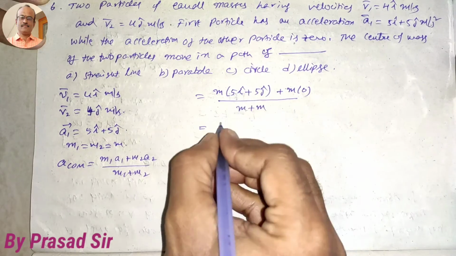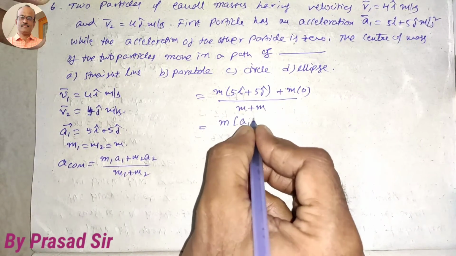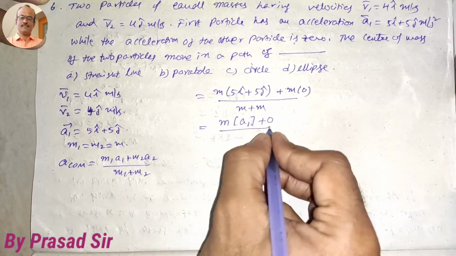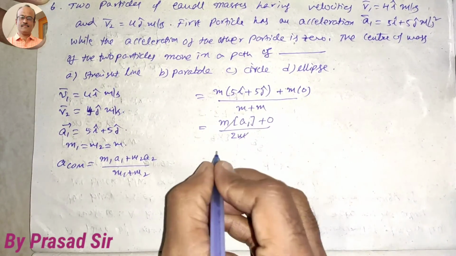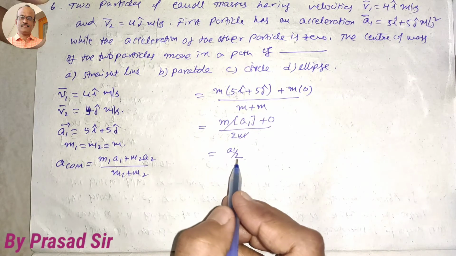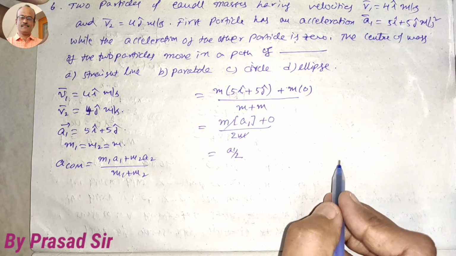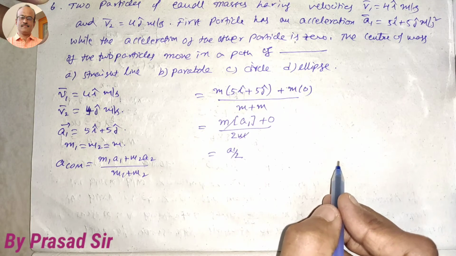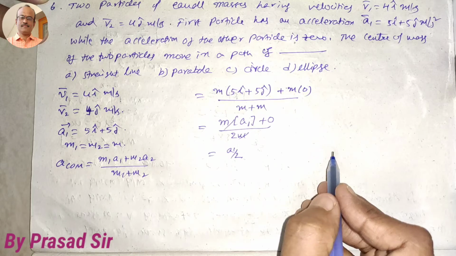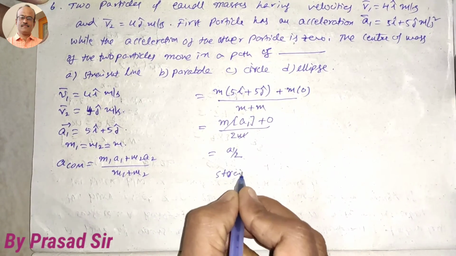So m is common, and this I will take as acceleration a1 plus 0 divided by 2m. Cancelling, a1 divided by 2. So the acceleration of the center of mass is in the direction of the acceleration of the first particle. So the center of mass of the two particles moves in a path of what? It is moving in a straight line.